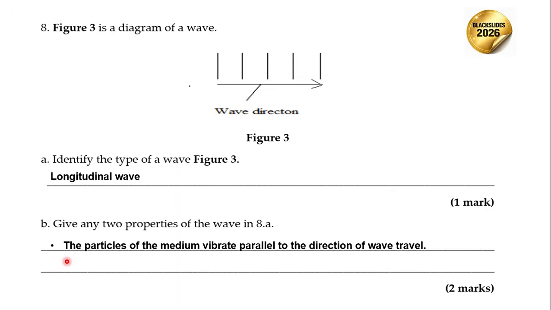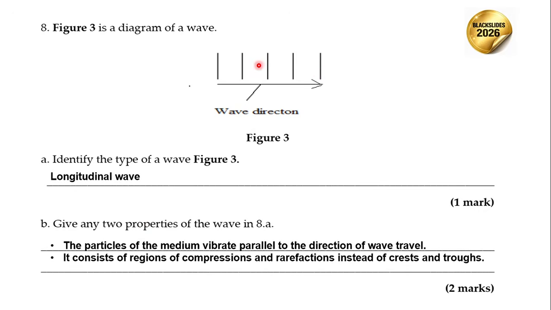So one of the properties of longitudinal waves is that the particles vibrate parallel to the direction of wave travel. And other than that, longitudinal waves consist of regions of compressions and rarefactions instead of crests and troughs as it happens in transverse waves.